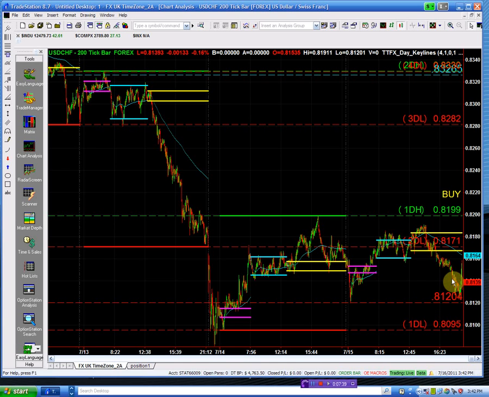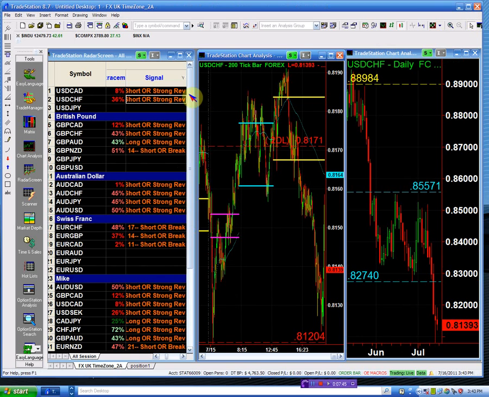We can use the 81.20 because it's a prior momentum low as our stop, our short stop.